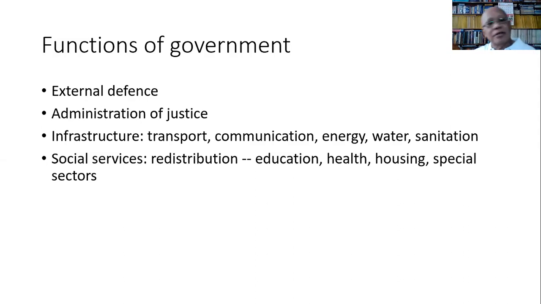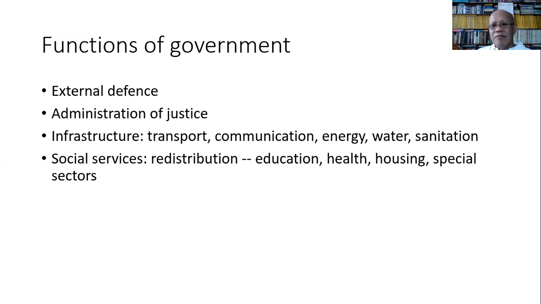And the last category of functions of government would be the provision of social services, especially those social services that redistribute incomes in society. In this case, the redistribution of income does not involve a cash handout to the lower income classes.